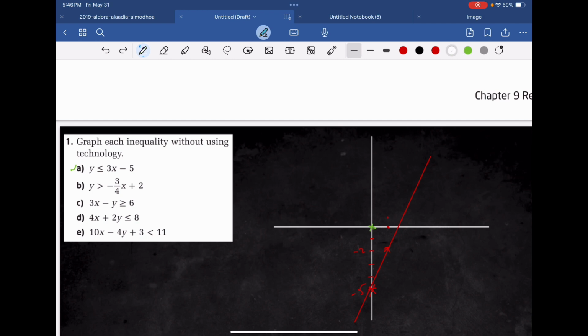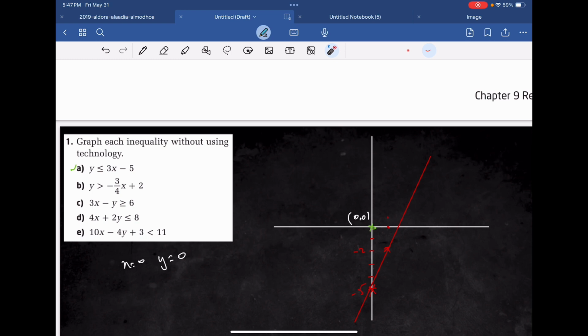So I know this point is 0, 0. So x is 0 and y is 0. I will just replace x and y here in this equation. So I put my x is 0 and my y is 0 and see if my y will be less than that or no.